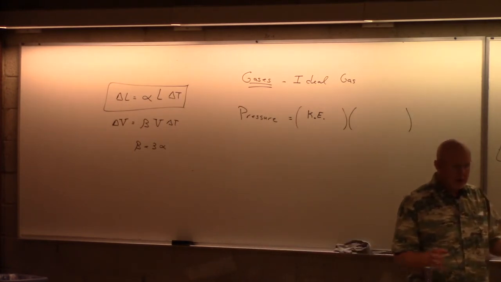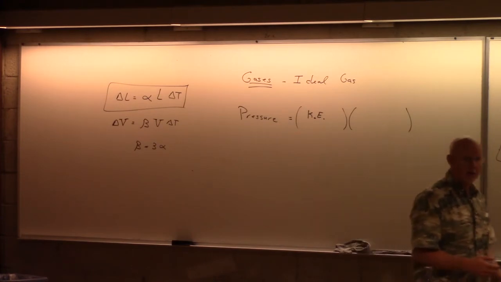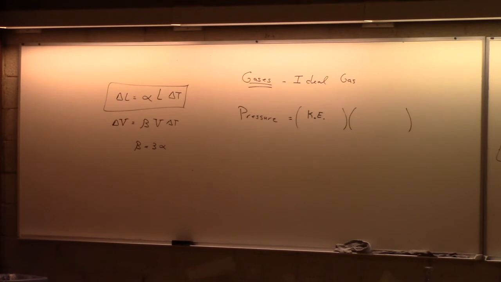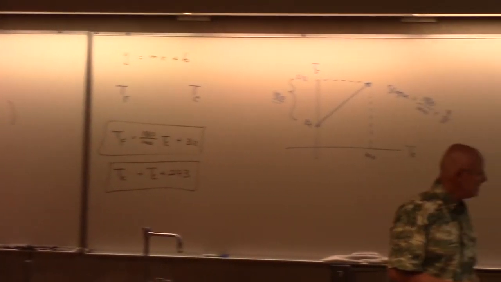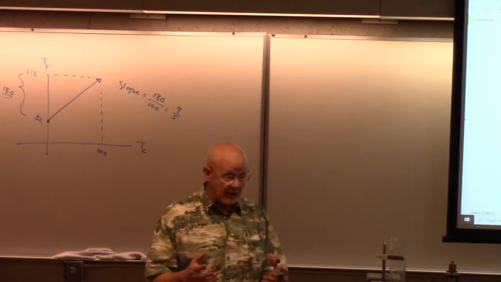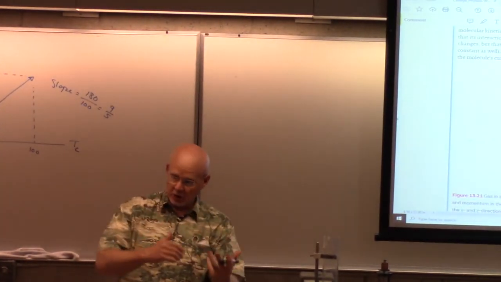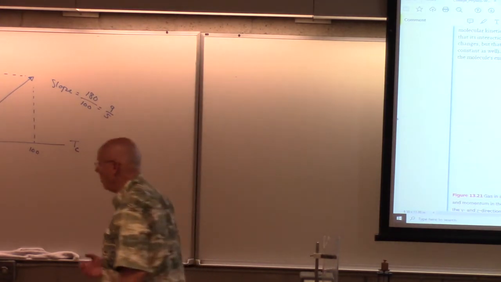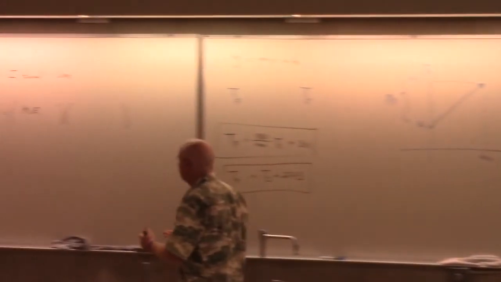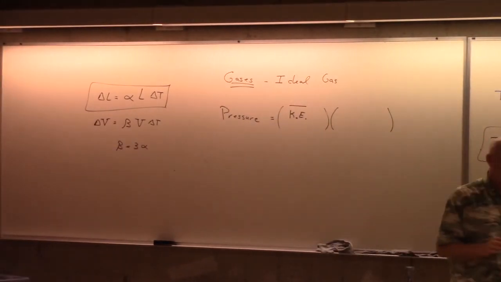What's their motion? Maybe you'd say, what's their speed? I would think that is a major cause of this. Now, you might say that when you have a whole box filled of them, some are going fast, some are going slow, so maybe we'll change this to their average kinetic energy.